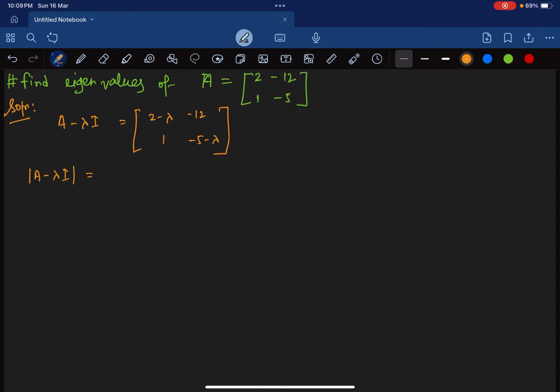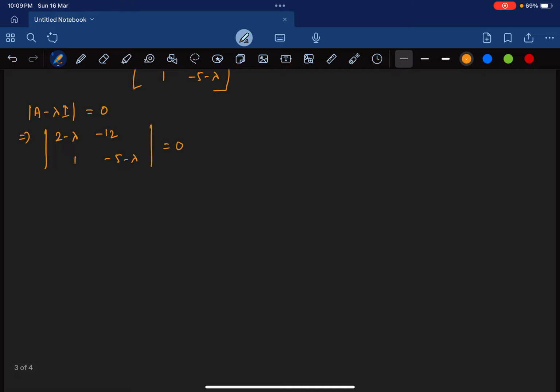Now you need to make the determinant of A minus lambda I equal to 0. So you have the determinant of 2 minus lambda, minus 12, 1, minus 5 minus lambda equal to 0. If you further do the calculation, 2 minus lambda times minus 5 minus lambda, plus 12 is equal to 0.